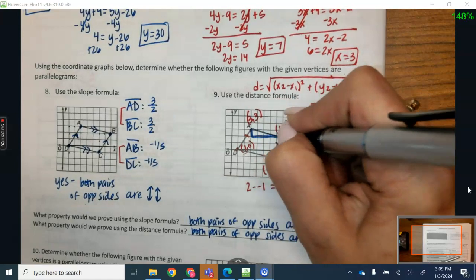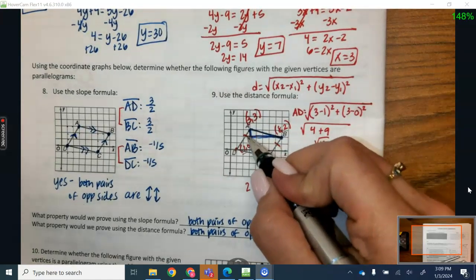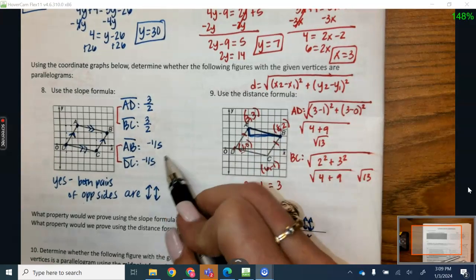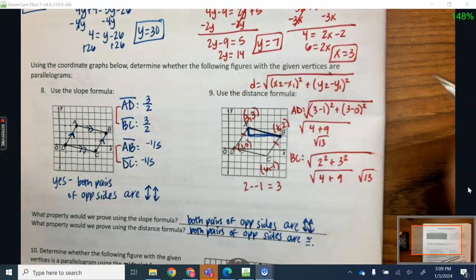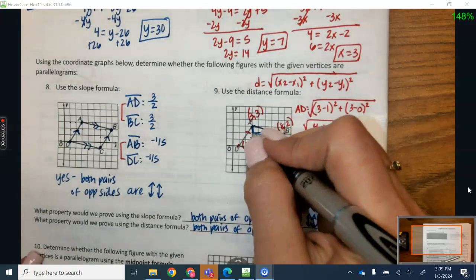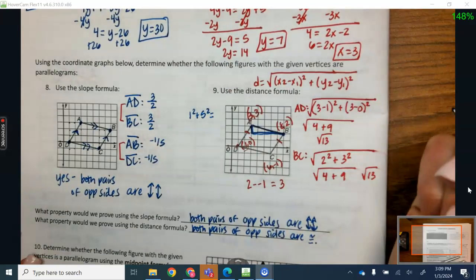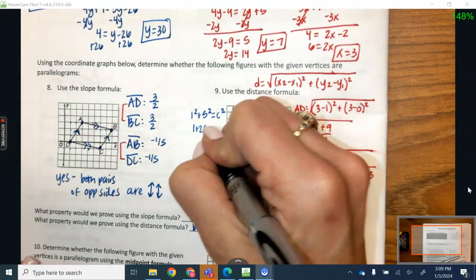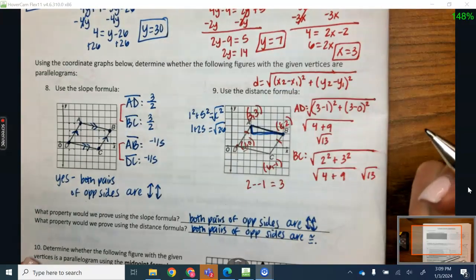I can find the distance of this diagonal line using Pythagorean theorem. This has a side of 1, this has a side of 5, which I got from my slopes, right? Remember, length of side is always positive, so I don't need the negative. If I did Pythagorean theorem, I would take 1 squared plus 5 squared to get that distance squared, or 1 plus 25, and then take the square root, it'd be the square root of 26.